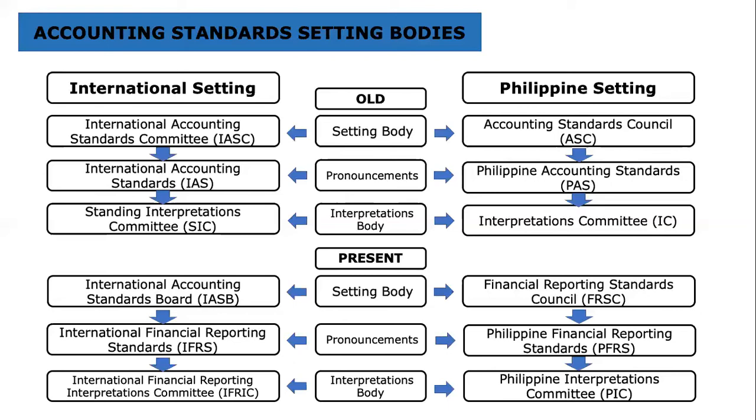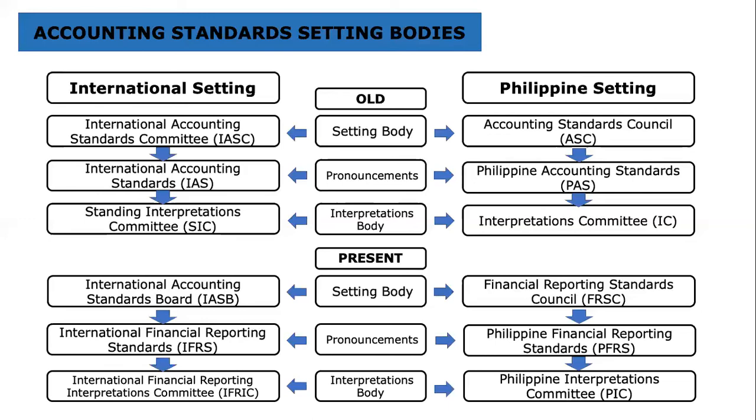Okay, so again, the previous standard setting body, we have international setting, you have IASC, and the pronouncements created by IASC is called International Accounting Standards, or IAS, and the Interpretations Committee created by IASC is Standing Interpretations Committee. And the Philippine counterpart of this international setting body is, for the old setting body, you have Accounting Standards Council, and the pronouncement or the standards created by the Accounting Standards Council is called Philippine Accounting Standards.